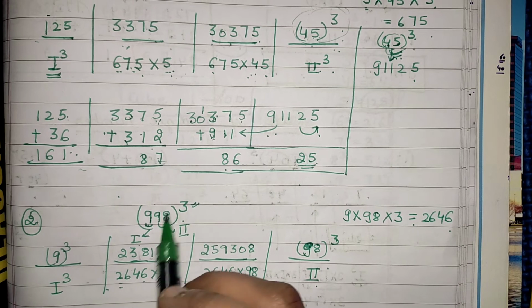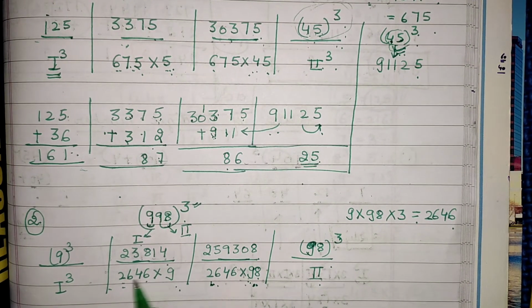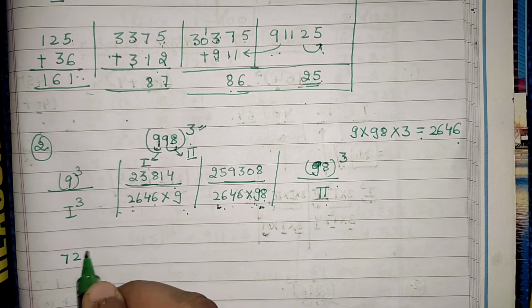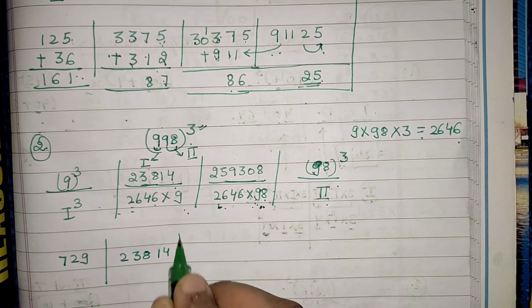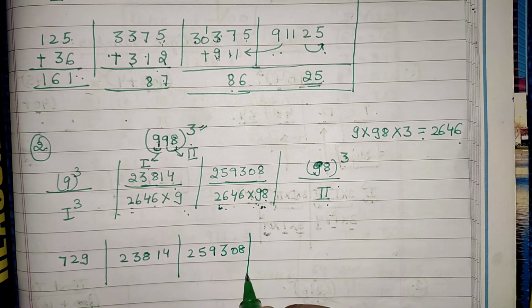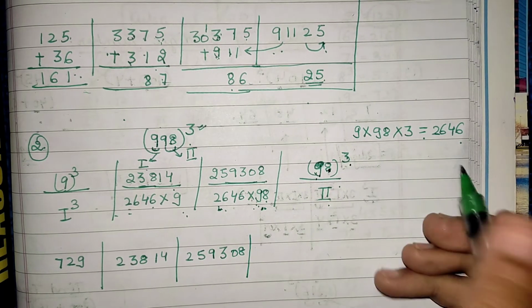Okay, because you can see that the number is very big and then you have to do the cube of that number, so obviously a little bit of calculation will be there, right? So what will be there? 9 cube is 729, then 23814, then 259308. So now see, this is a 2-digit number and you have to find out the cube of the 2-digit number.